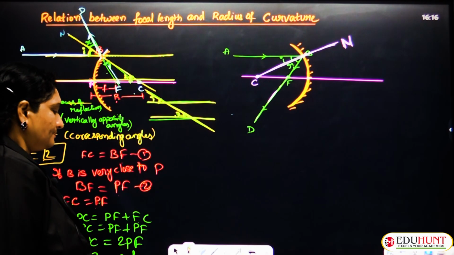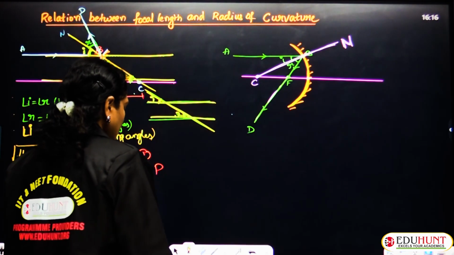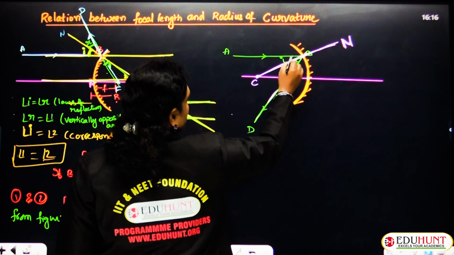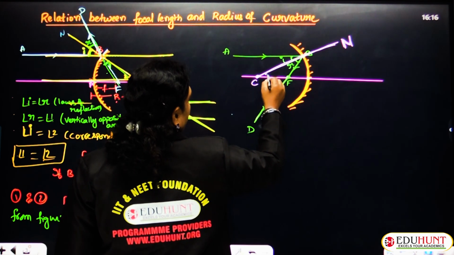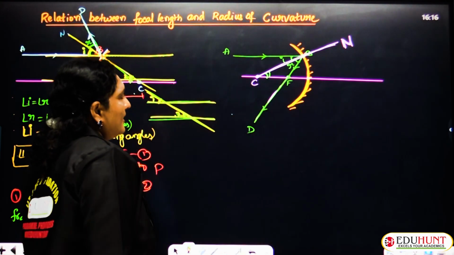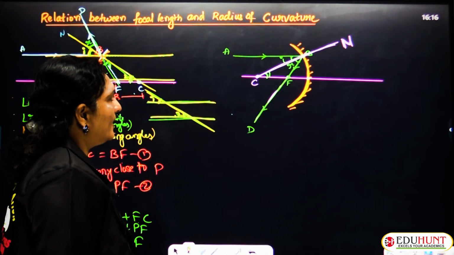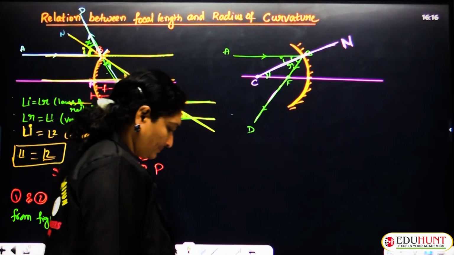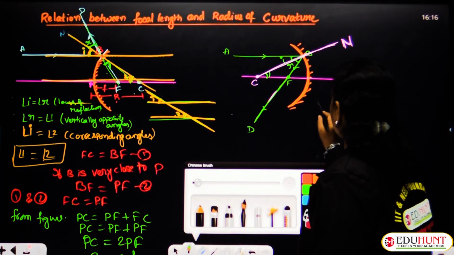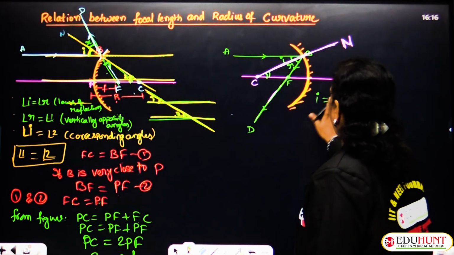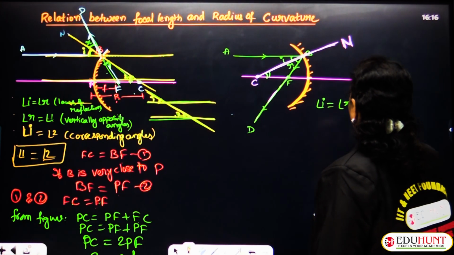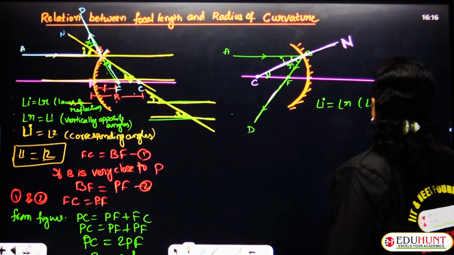So now let us produce this line, and if this is I and this is R, let us name this angle as angle 1. Let us get some relation between angle 1 and angle R. From the laws of reflection, we know that angle I is equal to angle R.